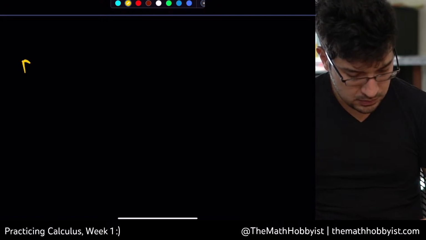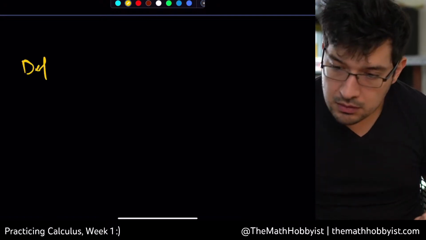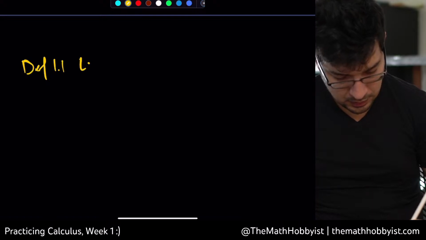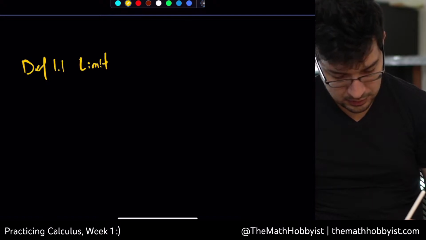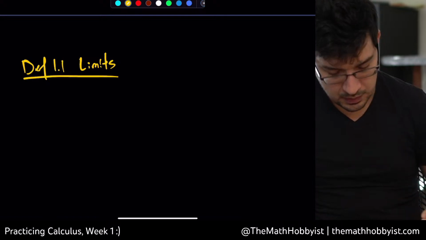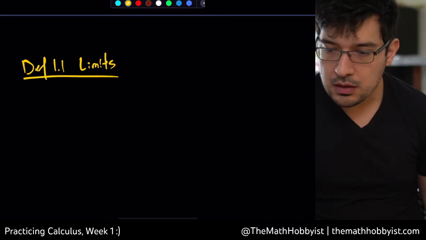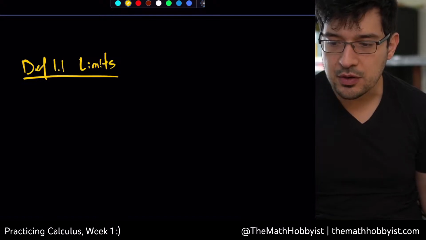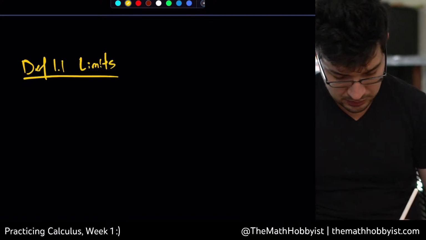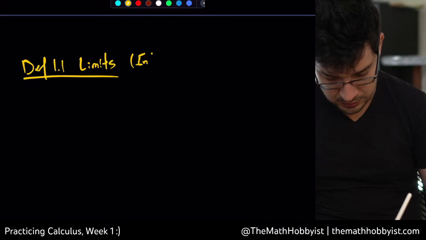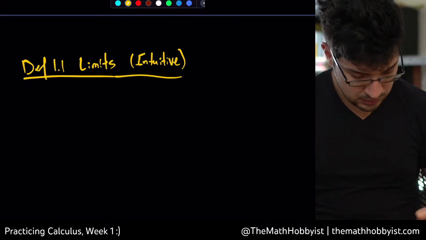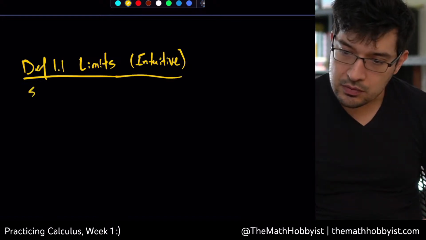Definition 1.1 of limits. It says intuitive description of and notation for limits. So I'm just going to say the word intuitive because we've got to keep going.